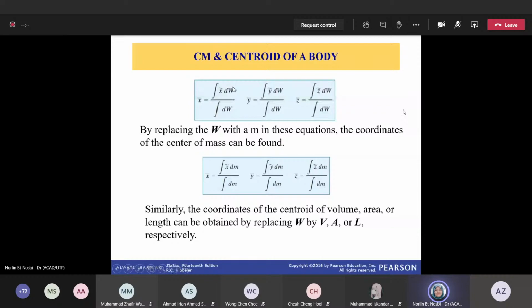Or if it asks you to find center of length, you need to change the W with L. So the main formula, you can refer to the top one here. It depends on the question, whether you want to find the center of volume, center of area, or center of length; you can change the W with V, A, or L.